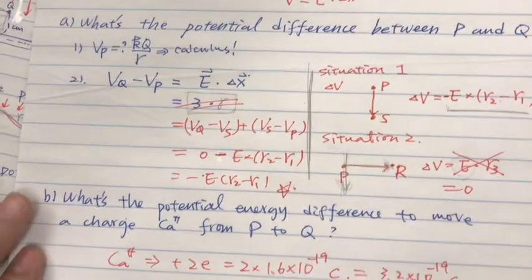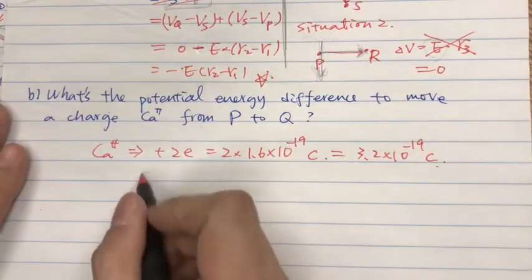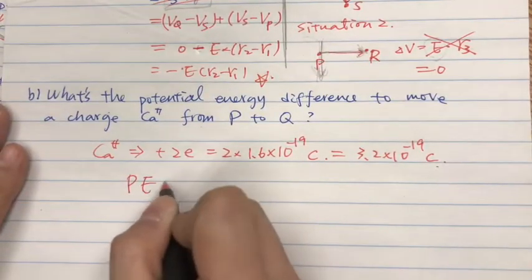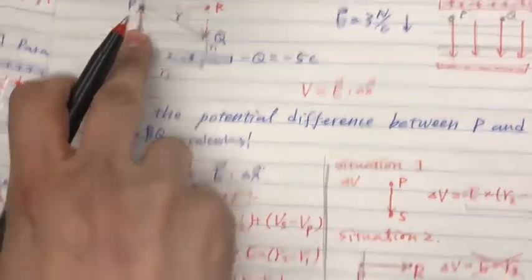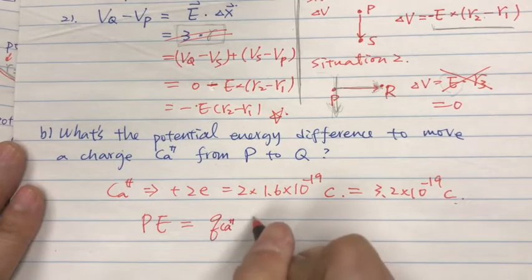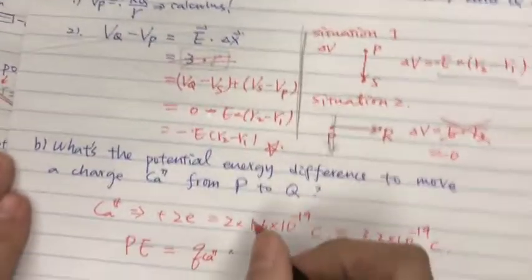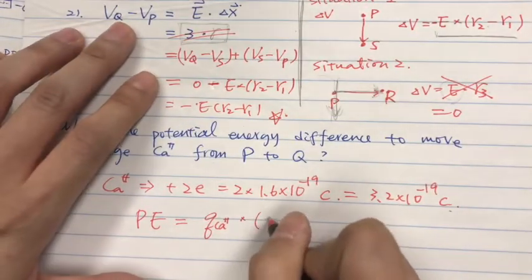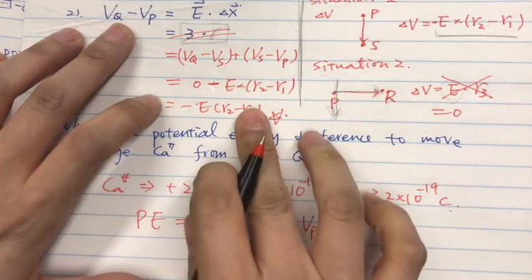And to move a calcium from P to Q, the charge of this calcium will naturally feel the potential difference when it moves from one to another. This potential difference is VQ minus VP. That's what we have here.